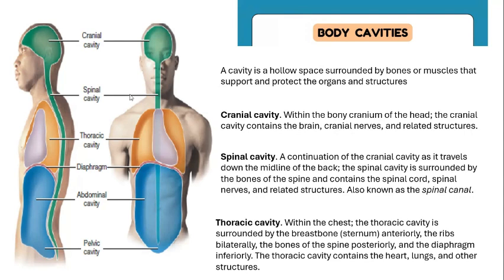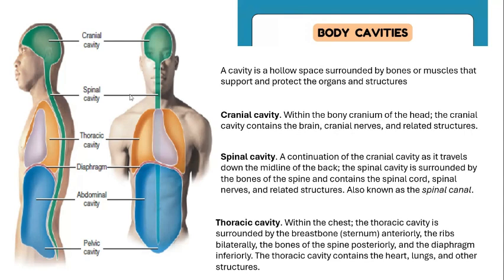It's a narrow cavity inside the vertebral column, and it runs the length of the trunk and contains the spinal cord, the spinal nerves, and related structures. So the cranial cavity has the brain, and the spinal cavity has the spinal cord. These two are protected by the bones of the skull and the vertebrae of the spine, and they are further protected by the meninges.